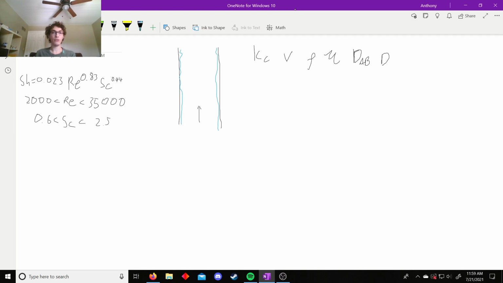Now, what we want to do is use the Buckingham pi method to turn these into dimensionless groups. And the way we're going to do that is we're going to create a matrix here. And we're going to put our basic units here.